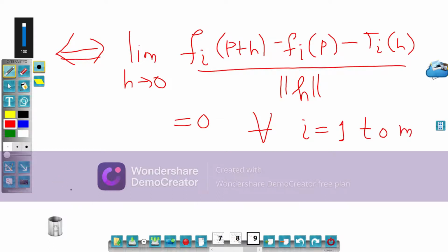This is the differentiability definition of a scalar field, so fi is differentiable at p.